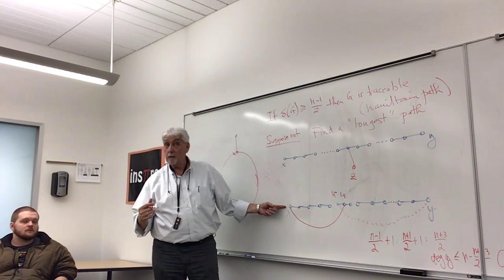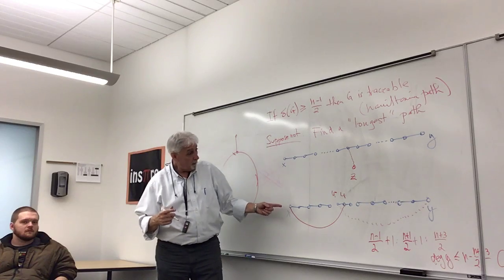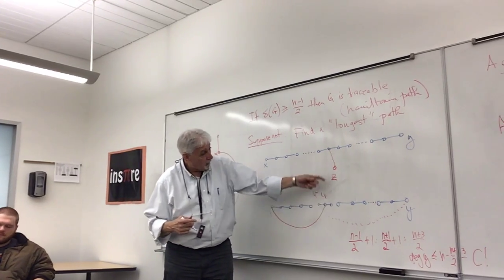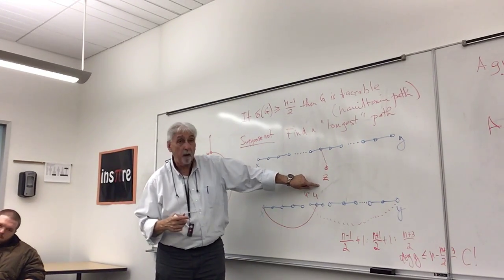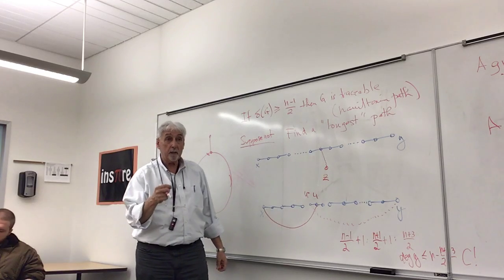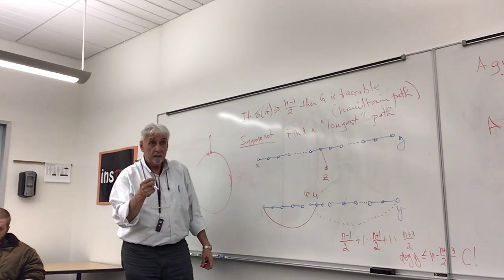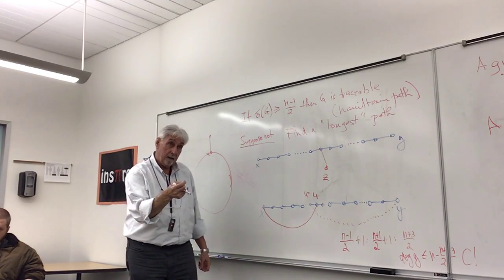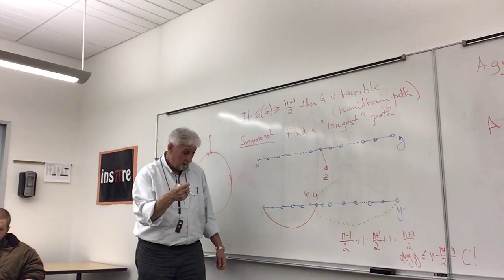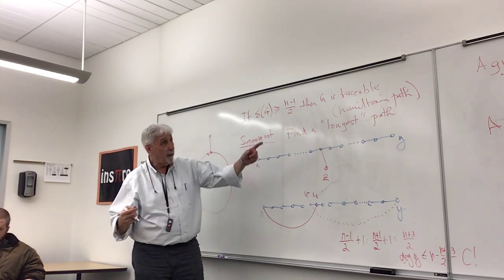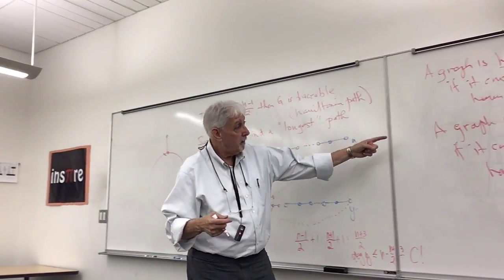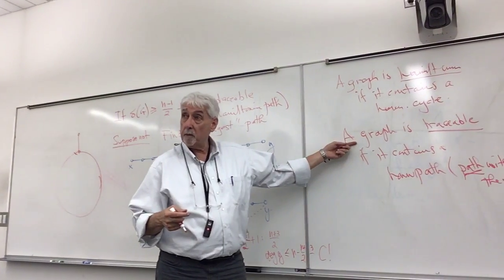I know that I can't have a vertex off this path. Then all the vertices must be on the path. So z is on the path. So what do we call that? So the graph must be traceable.